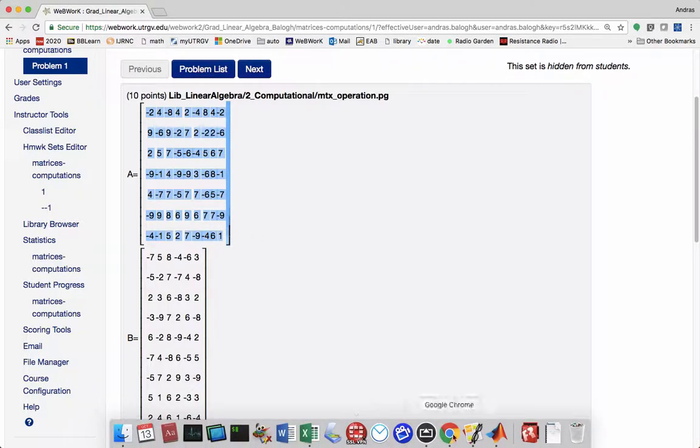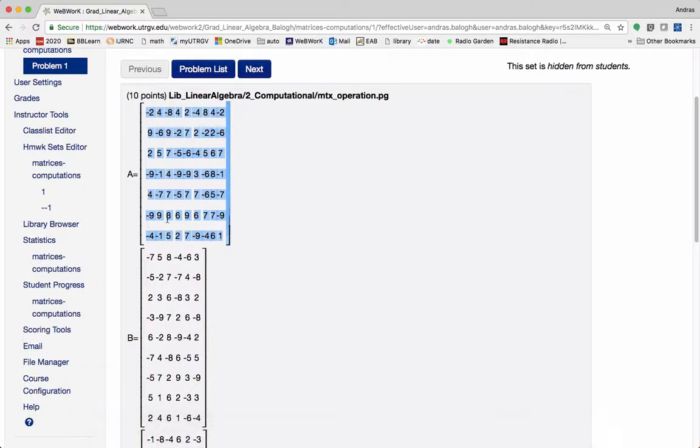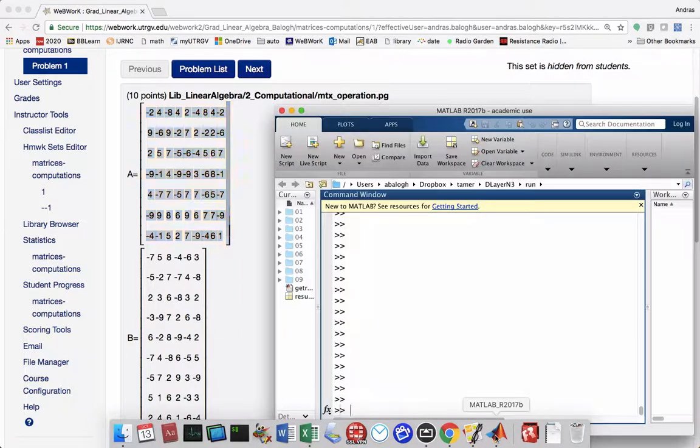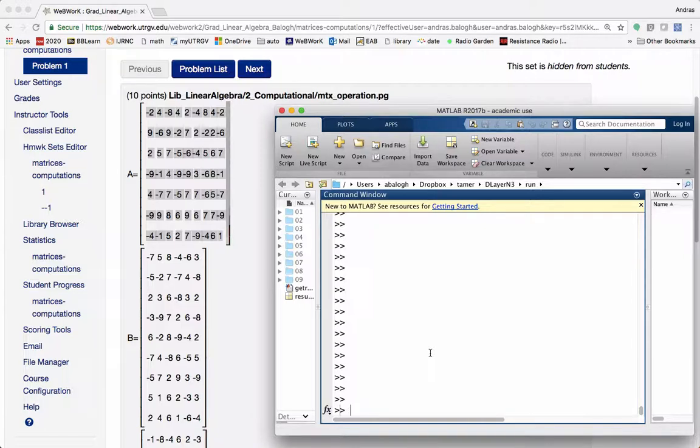Also, when you paste this into MATLAB, the syntax is similar to what you see in usual WebWork matrix problems. If you want to specify the A matrix, you name it as A equals and then open bracket. Of course, the size of the bracket doesn't become as large as in WebWork or in printing.